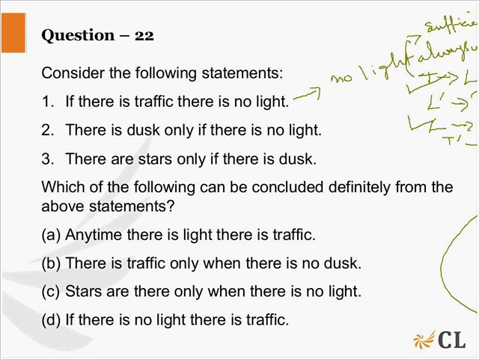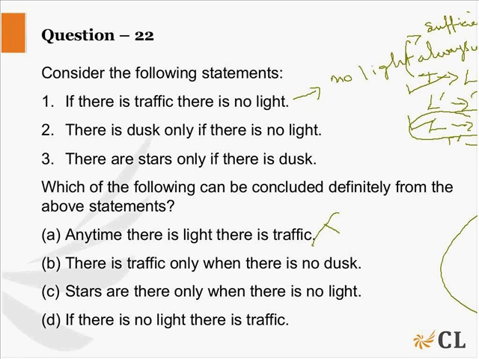Is it happening that anytime there is light, there is traffic? Instead, it's the opposite. It's saying that if there is traffic, there is no light. And if there is light, there is no traffic. You look at this, if there is light, there is no traffic, right? So it goes incorrect. There is traffic only when there is no dusk.